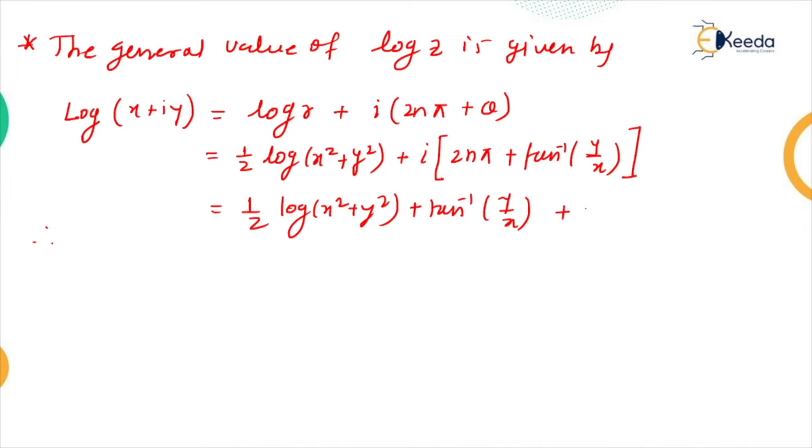Therefore this is 1 divided by 2 log of x square plus y square plus i tan inverse of y by x, and the remaining term is 2i n pi.